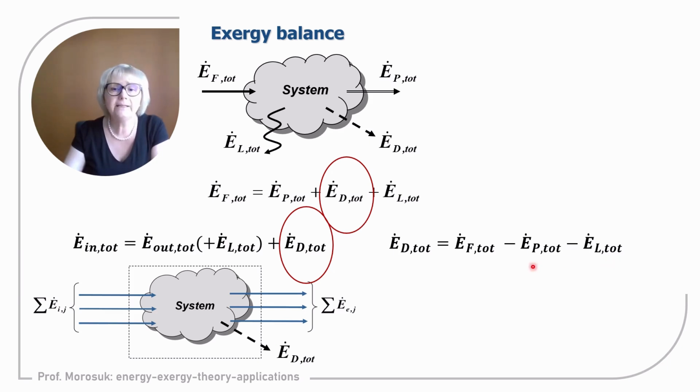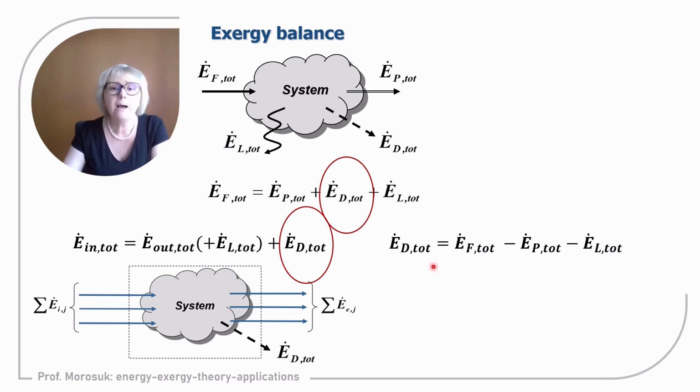This means that exergy of fuel, exergy of product, and exergy of losses should be defined, because these three terms are associated with exergy transfer through the system boundary, and we can control all the streams. And exergy destruction is the last term that should always be calculated through the balance.